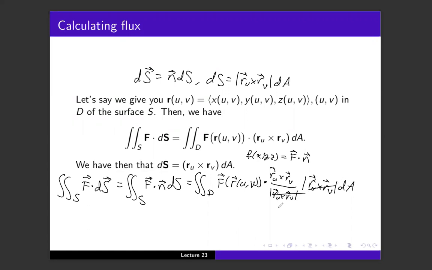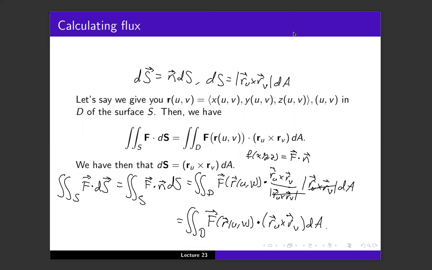Well, the r_u cross r_v magnitudes cancel out, and we're left with exactly what we claimed we would have, which is f of r(u,v) dotted with r_u cross r_v dA. So that's where this comes from. That's the formula that we're going to use here.